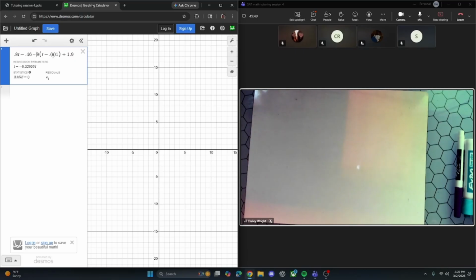Once you put the squiggly sign, it puts it into regression, and then t will equal negative 0.326667.